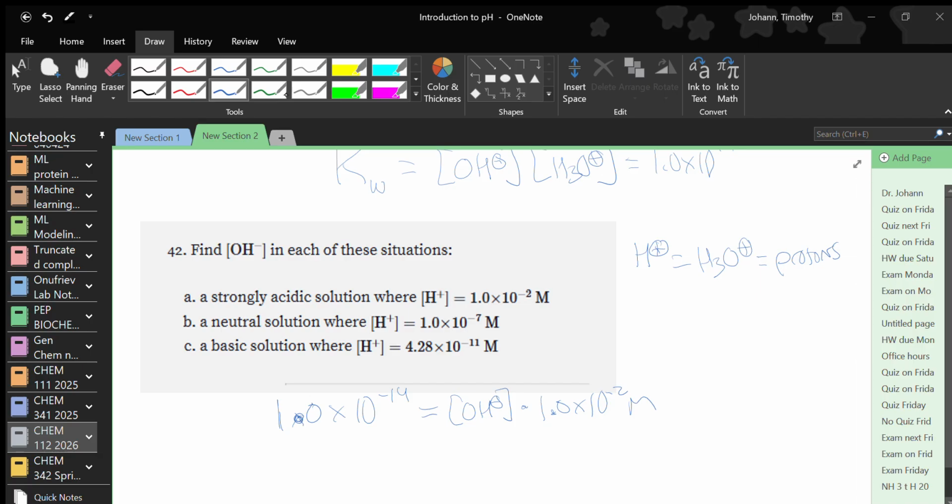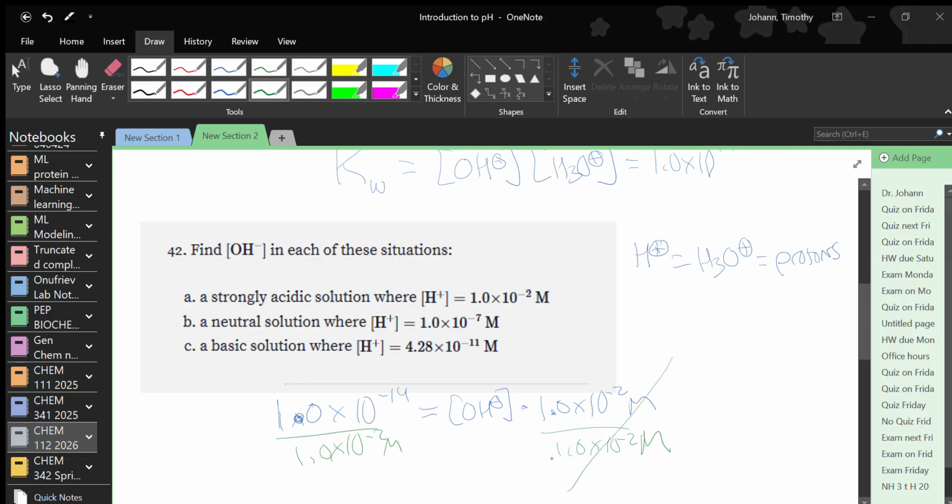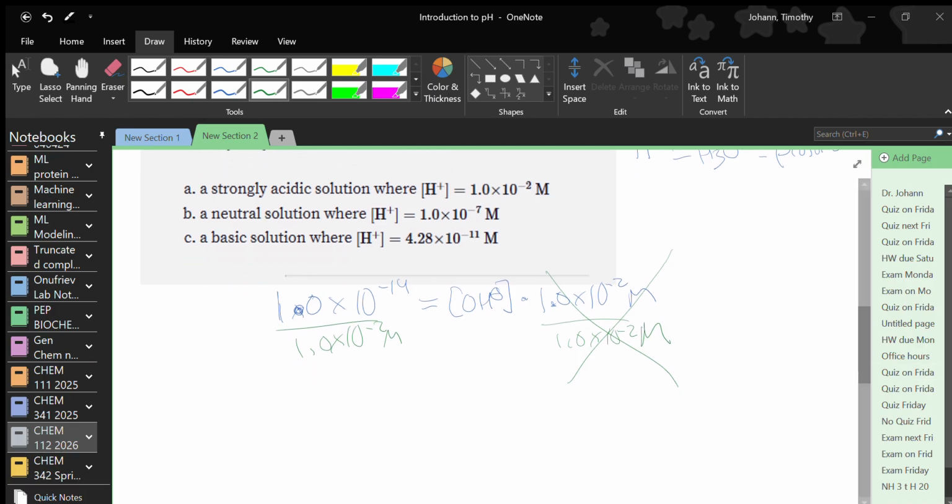So now I just need to divide both sides by 1.0 times 10 to the negative 2 molar. That goes away. All right. And so my answer here, I'm carrying my units, but when we use these equilibrium constants, they don't have units. So you just need to remember that we're dealing with molars. Molars are what our answer is going to come out with. The answer here is not going to be 1 over molar.